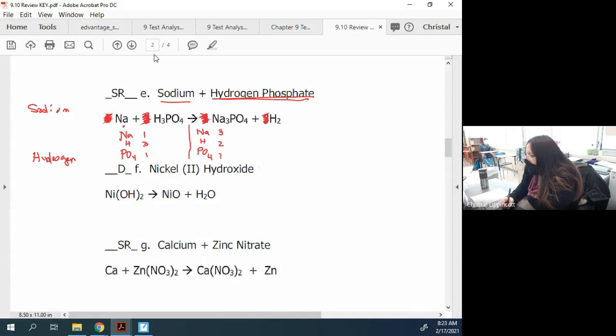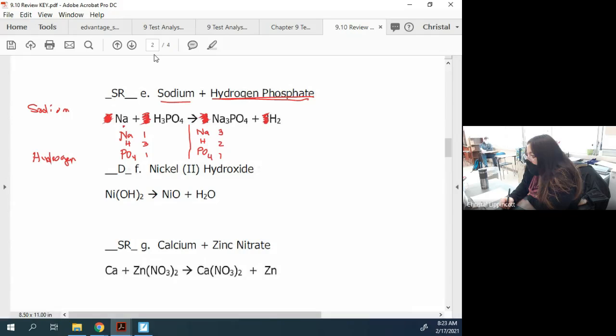I can see that my hydrogen is in a compound on this side, and I need to get it to balance. Now, I can't make this like 3. I can't make this 2. So what I do at that point is I look for the least common multiple. The least common multiple between 2 and 3 is 6.